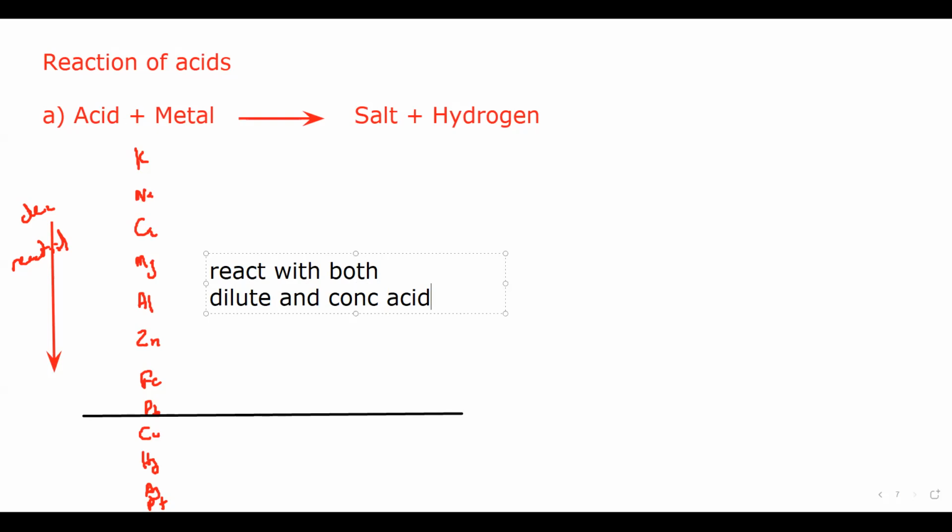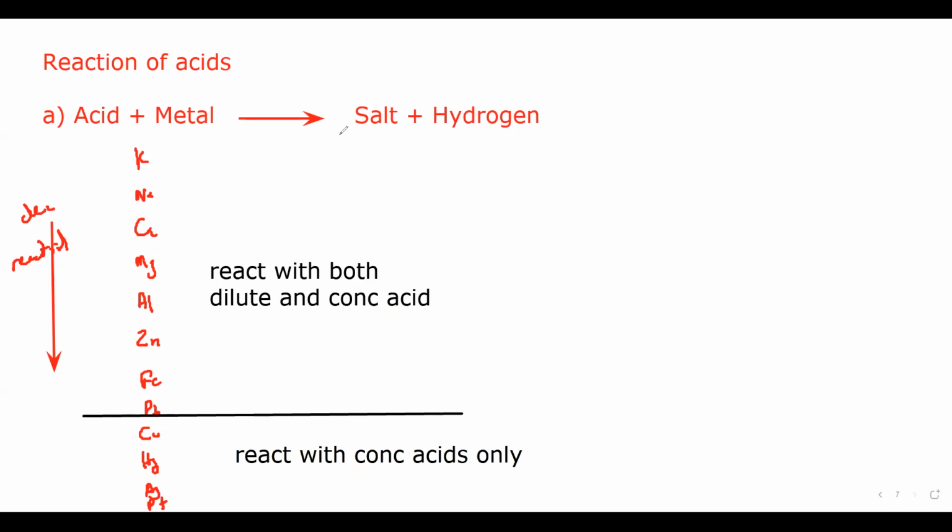Whether the acid contains more water or less water, any kind will react. But the metals below lead can react with concentrated acids only. They do not react with dilute acid, they always react with concentrated acid.